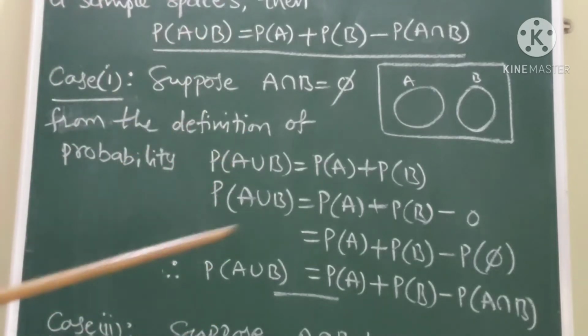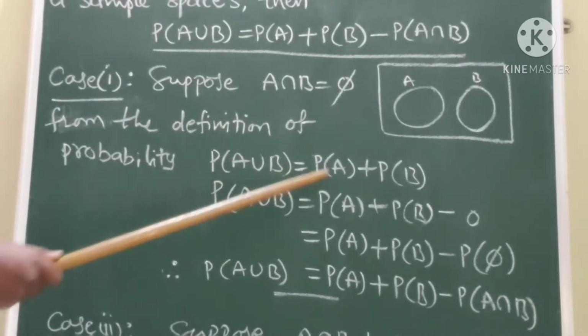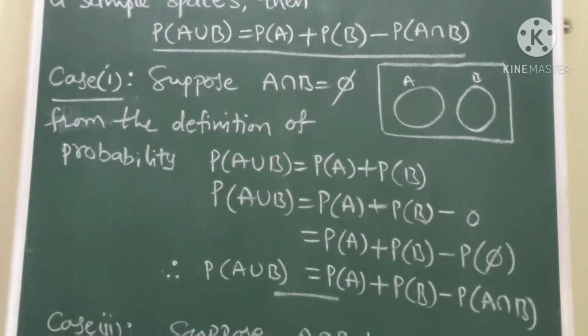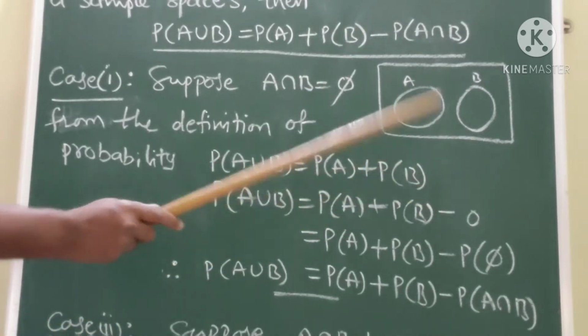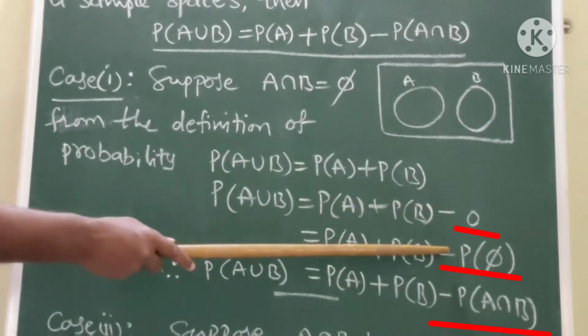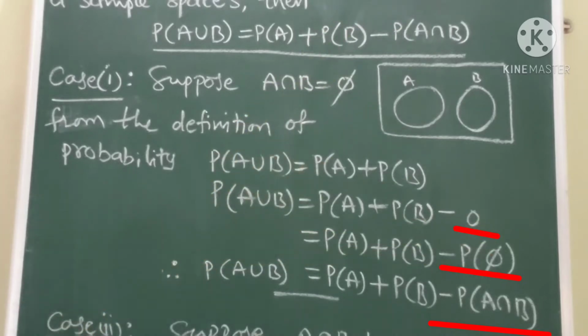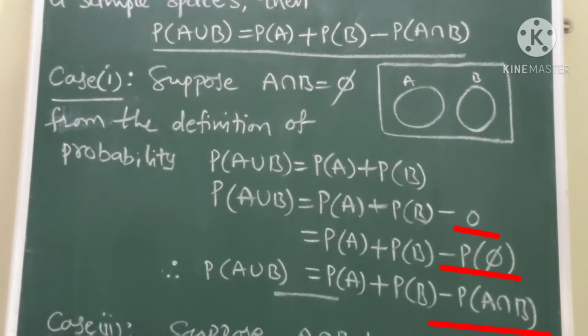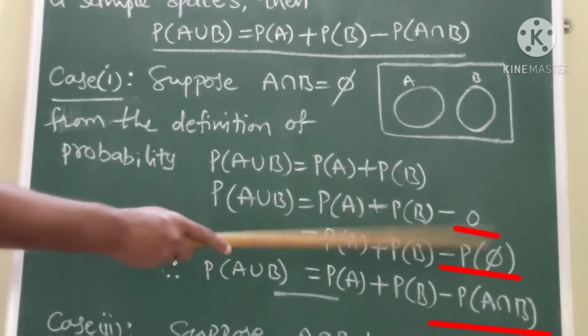Now this can be written as P of A union B is equal to P of A plus P of B. Now we take minus 0. There is no change in the previous step. In place of minus 0, we can add minus P of null set. That means the probability of the null set is 0. So we can write P of null set.